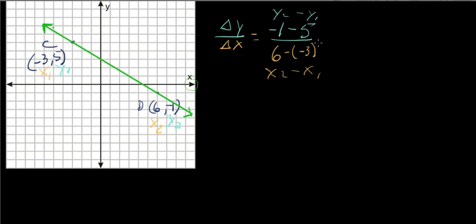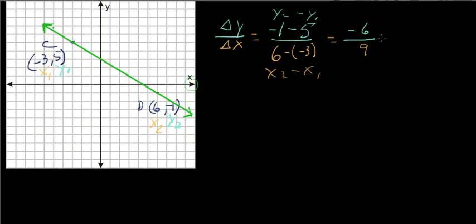Look at all those negative signs. You know, if we don't pay attention, we can easily get confused with all this stuff. So we really have to pay attention here. So -1 minus 5 is -6. All right? And 6 minus a negative 3. Right here, 6 minus negative 3. That's a positive 9.